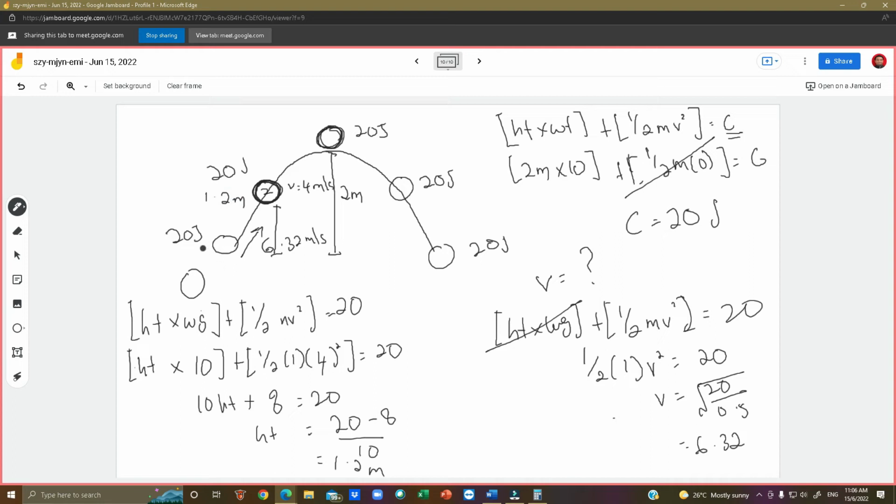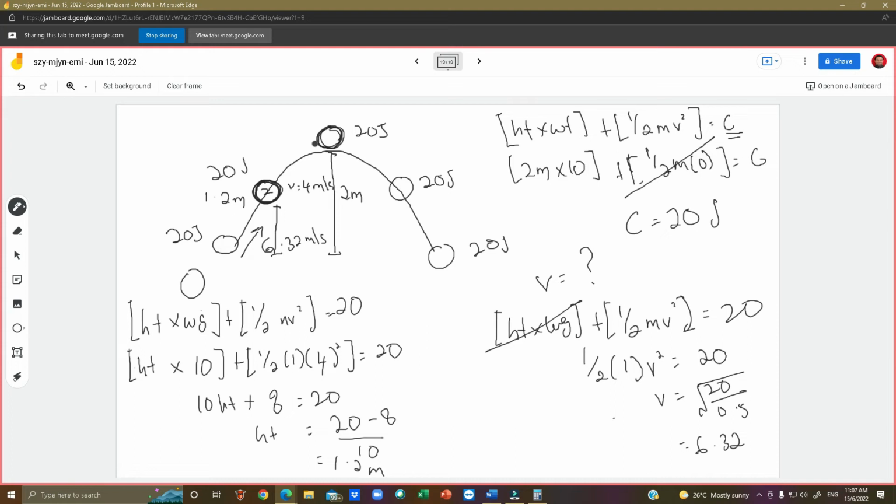Ini principle of energy conservation. Means that in every single phase within the system, that particular object, that particular person has a finite amount of energy. Jumlah dia tu static, it does not change. Jadi apa yang berubah? If you are at the bottom, the velocity changes.